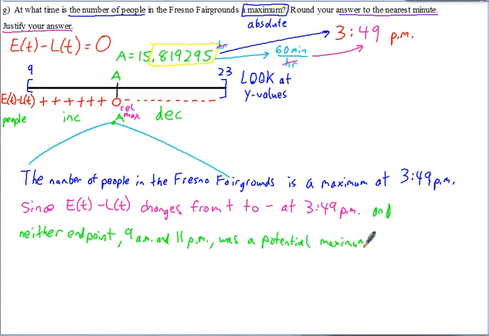What they are is potential minimums. Okay, let's look at the next part.